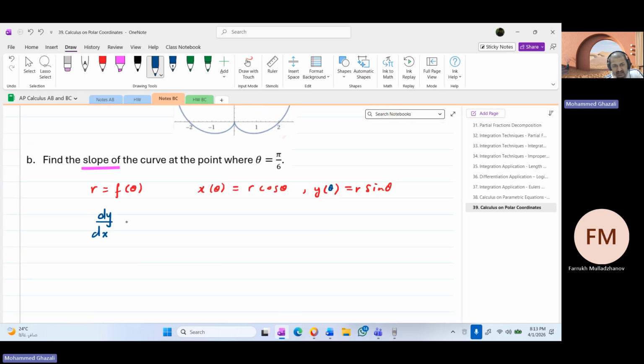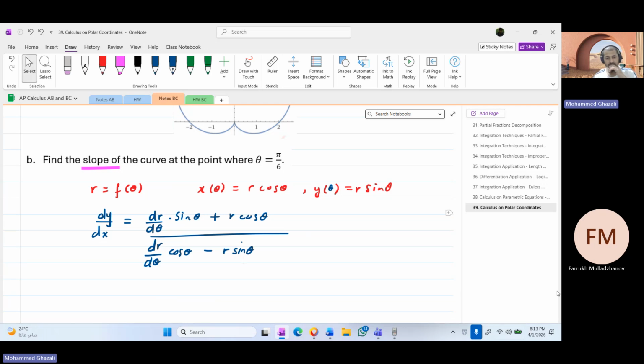dy/dx is basically, remember what it was, dr/d theta times sine theta plus r cos theta, divided by, with respect to x, dr/d theta times cos theta minus r sine theta.